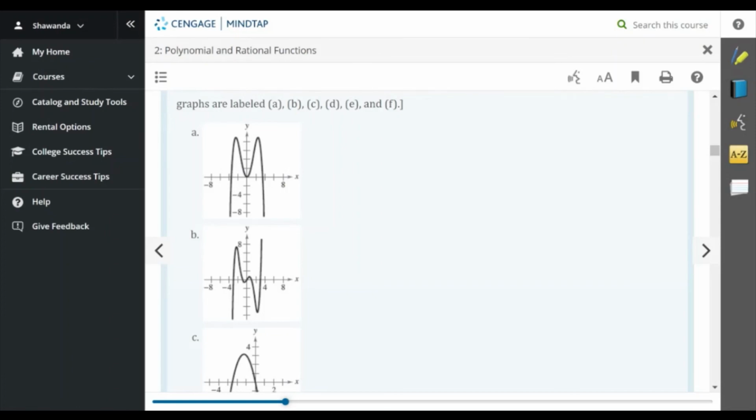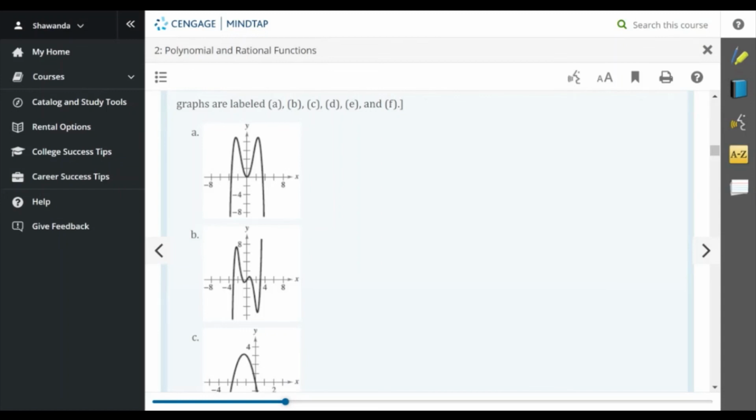Okay, A. Look at the end behavior. Aren't both ends going in the same direction? Yes. On the left side, you see it's falling, right? On the right side, it's falling too. That's got to be like the quadratic.